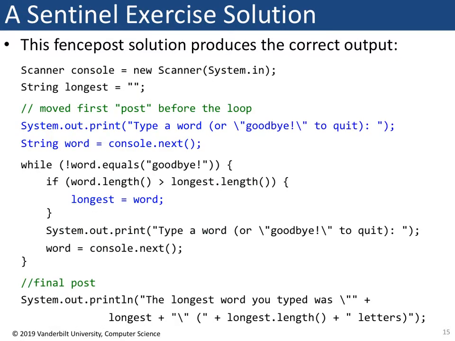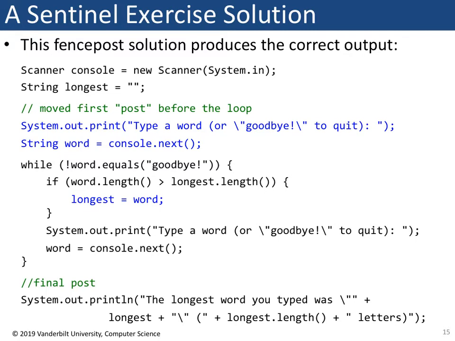In the previous slide we looked at it in pseudocode, but let's make sure we understand it in Java as well. So we have our scanner object declared. We declare our longest string and initialize it to being empty. And then we need to place the first post outside the loop. So we will prompt the user and get their first word. So we already have a valid user input in word.